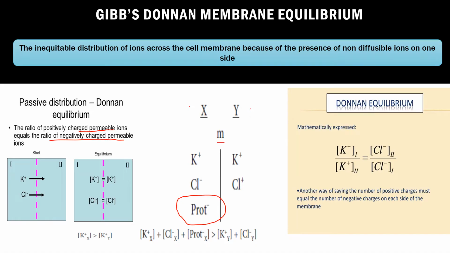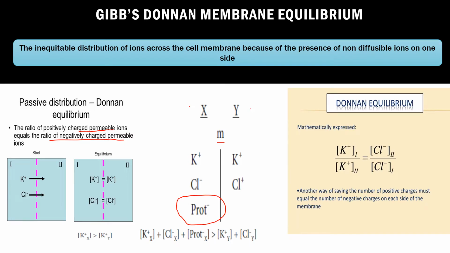So what will happen initially? Initially the chloride will move along its concentration gradient to compartment X. So the negatively charged particles will be more on the X side, and it will draw or attract the positively charged potassium from the other side.